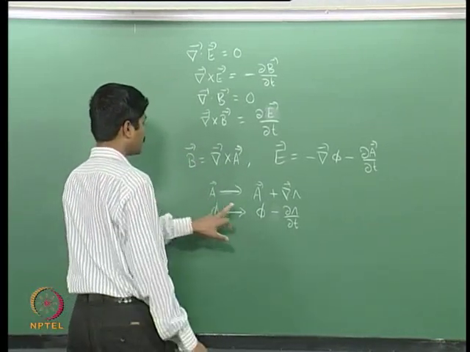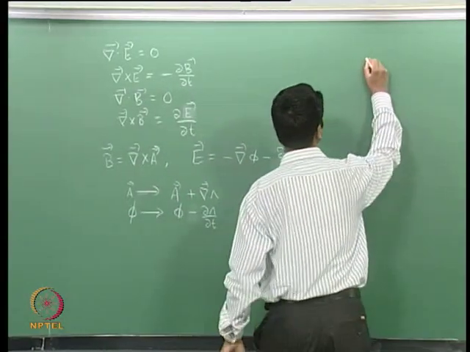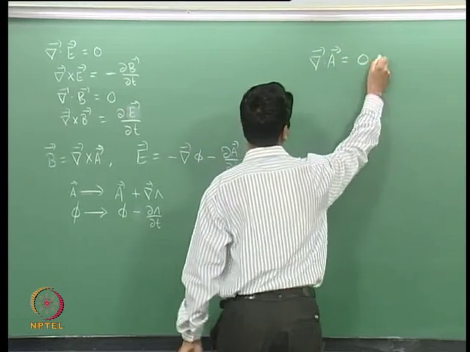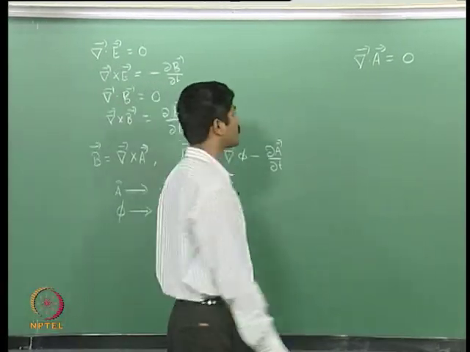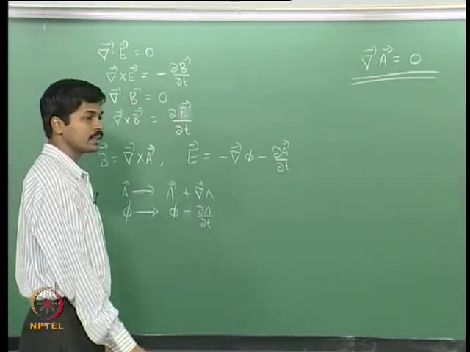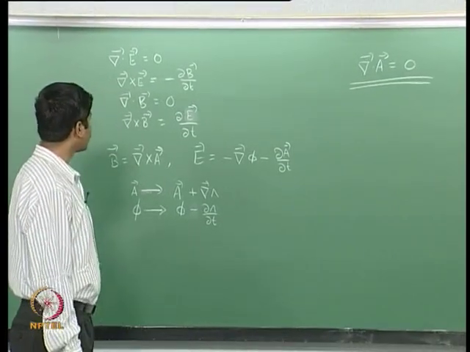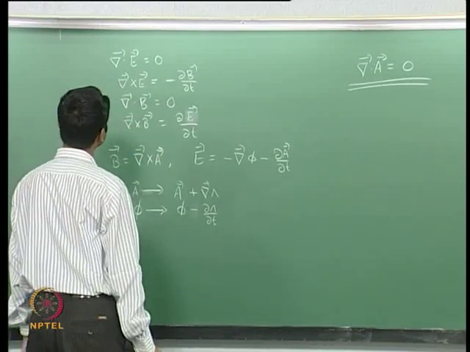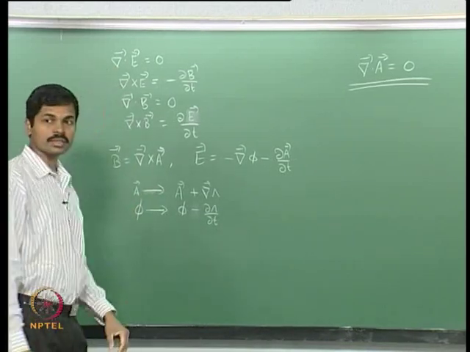So, you can exploit this gauge transformation to consider this gauge, del dot A equal to 0. This is known as the Coulomb gauge. So what we will do is work with this Coulomb gauge. Look at the equations of motion. You can consider, let us say, this equation here, del dot E. Okay.